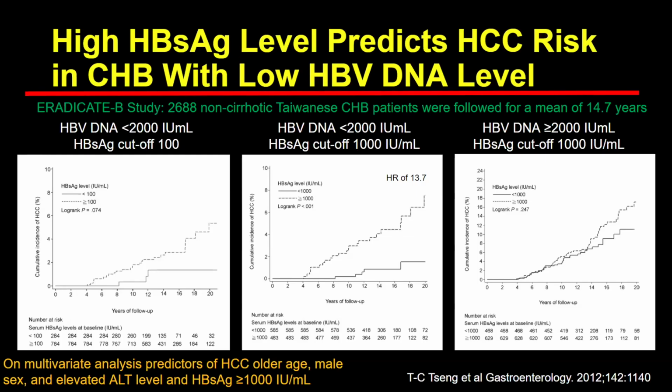So these findings highlight the value of surface antigen as a complementary biomarker to HBV DNA, particularly in patients with low viremia, where DNA levels alone may not fully capture the HCC risk. Next slide, please.